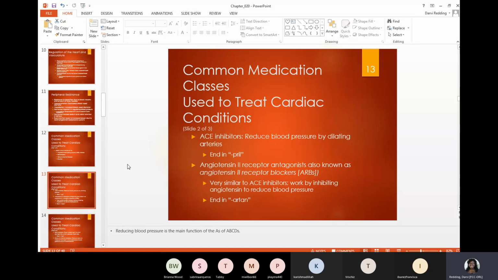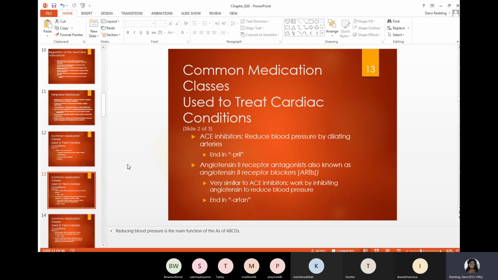Now, another drug class for heart conditions is the ARBs, which stands for angiotensin 2 receptor blockers. With the angiotensin receptor blockers, these are similar to an ACE inhibitor. However, they work by inhibiting the angiotensin, which is going to reduce the blood pressure.